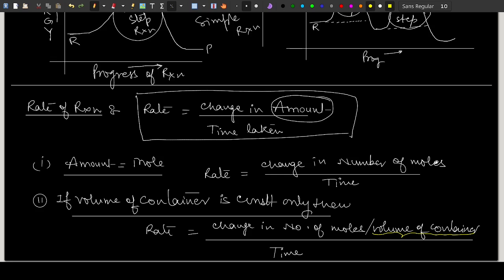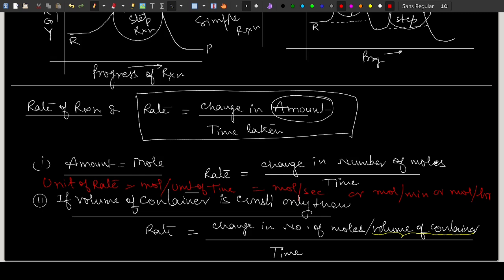Here we can write the unit of rate. Unit of rate is equal to mole upon unit of time. So we can say mole per second, or mole per minute, or mole per hour, or mole per year.